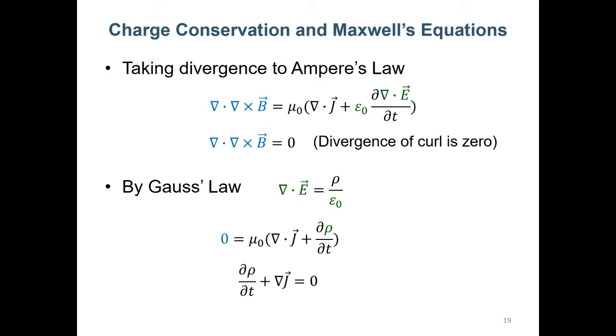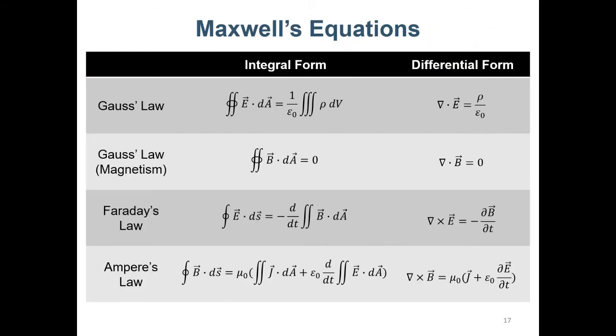So here shows the relationship between the conservation of charge and the Maxwell equations. In chapter 32 of the textbook, it tells you that Ampere found that Ampere's law should have this term, and Maxwell found this term, and then they added these two terms together to make it the Ampere-Maxwell law.